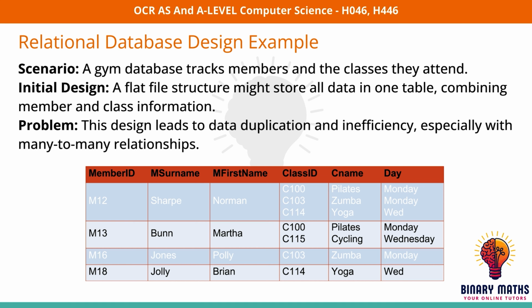For example, we might have a table with columns like member ID, name, address, class ID, and class name. But this approach has some problems, especially when dealing with many-to-many relationships, which we'll talk about next.